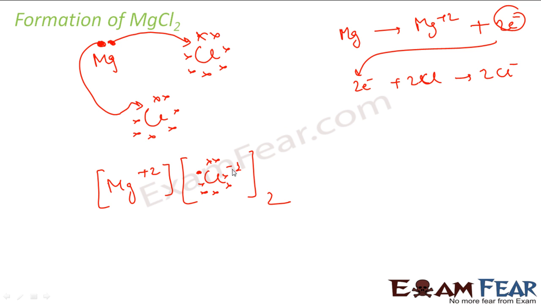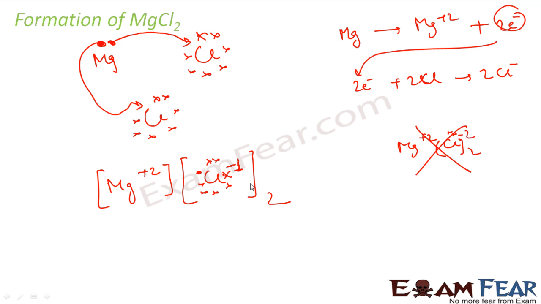MgCl2 will be represented like this. Please don't put a minus 2 charge here. Chlorine has only one charge, minus 1, and there are 2 chlorine atoms. So Mg has 2 positive charge, chlorine has 1 negative charge, and there are 2 chlorine atoms, so it's MgCl2. Don't write it like Mg 2+ Cl 2-. This is wrong.